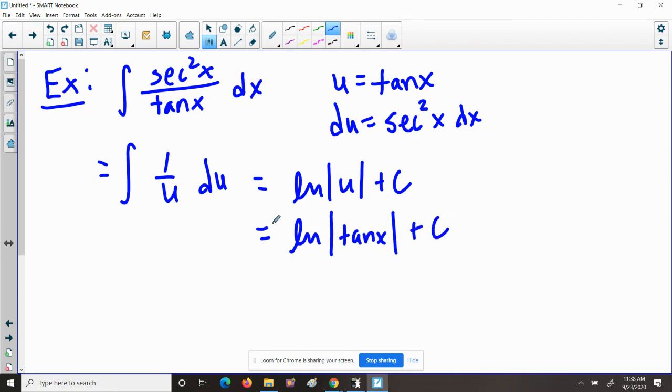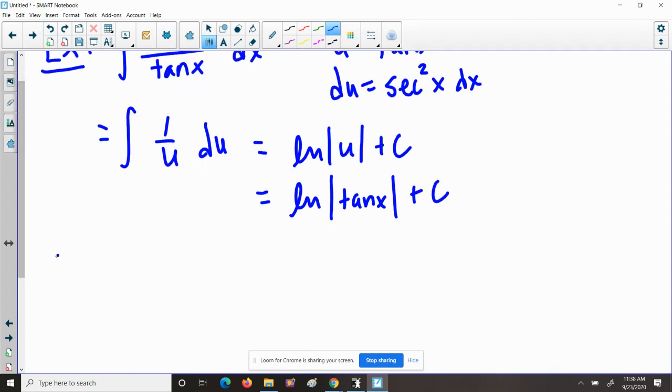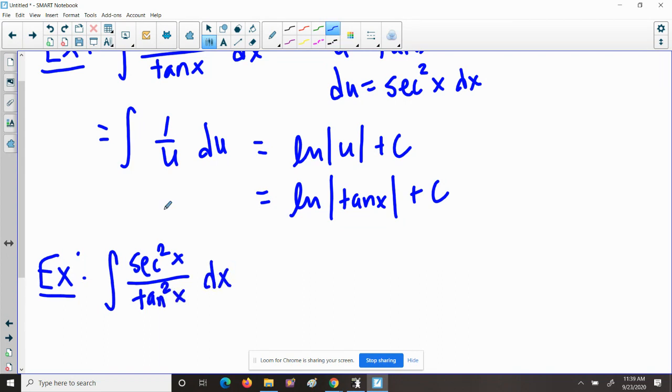Now, I do want to take a look at one that looks similar, but might involve something else. What if we had secant squared of x over tangent squared of x? We could make our u still tangent of x.